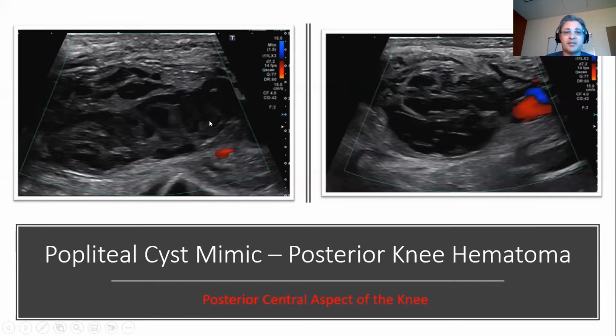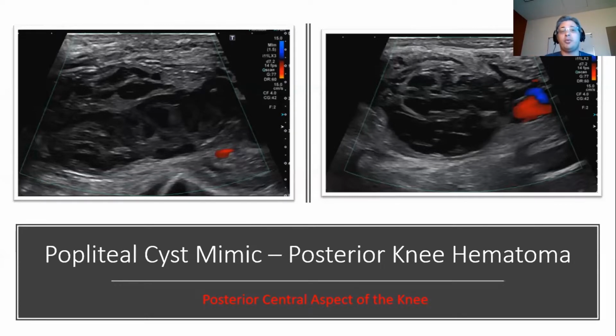None of this complex posterior knee mass extended between those two tendons. And so I was reluctant to call it a Baker's cyst. And indeed, this ended up being a hematoma due to prior trauma, completely separate anatomically from the region of the semimembranosus gastrocnemius bursa. Teaching point: not all masses in the back of the knee are popliteal cysts.